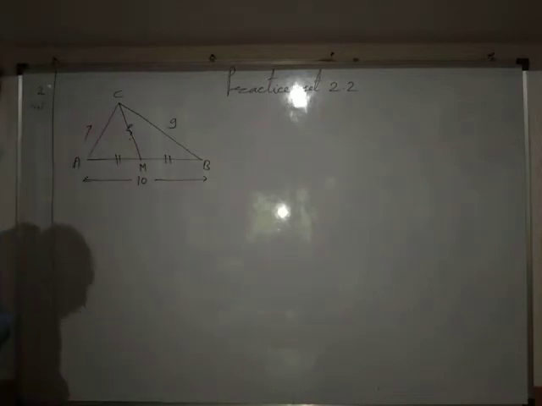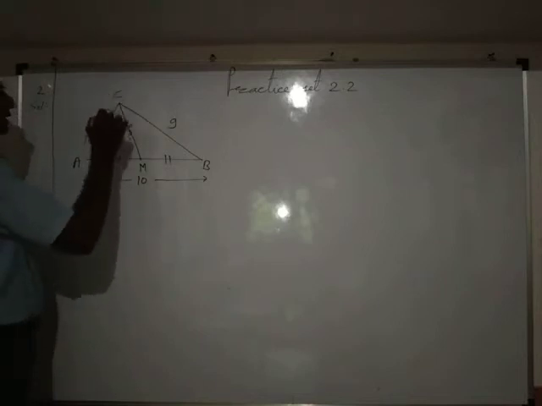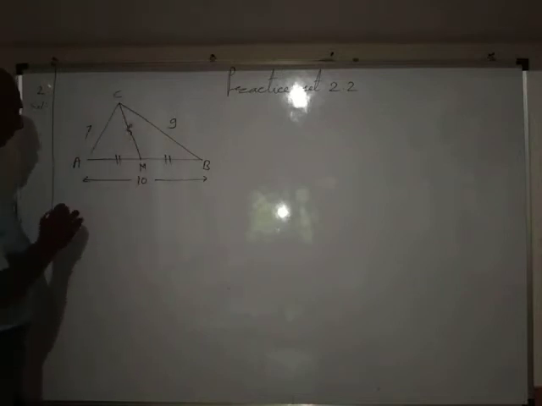It is easy to find the length of the median from point C on side AB.